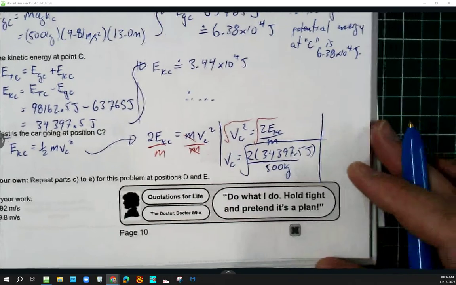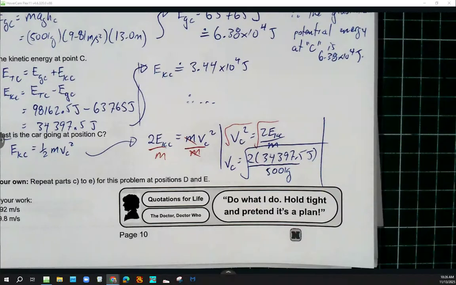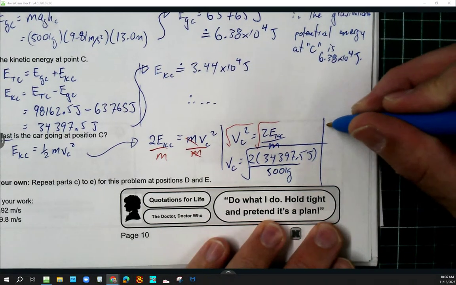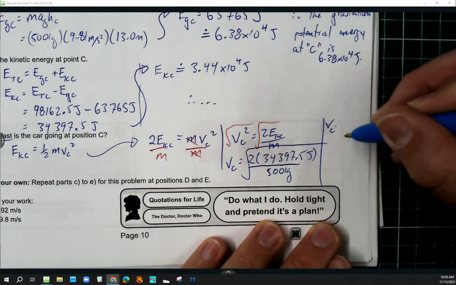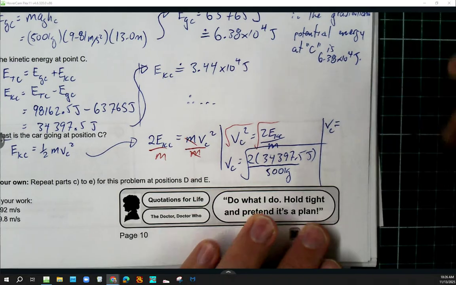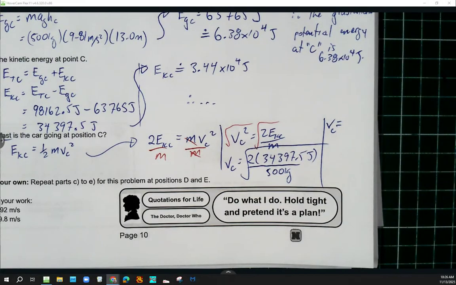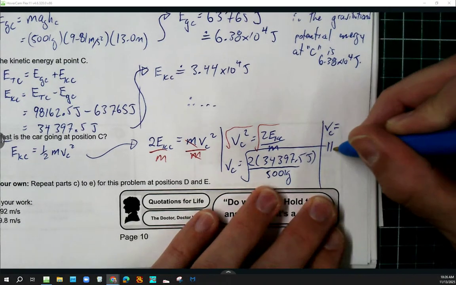I really haven't left myself a whole lot of space here. Not even for a therefore statement this time. But VC equals, I think the answer starts with a 1. Anybody get it? You think you got it? 11.729.